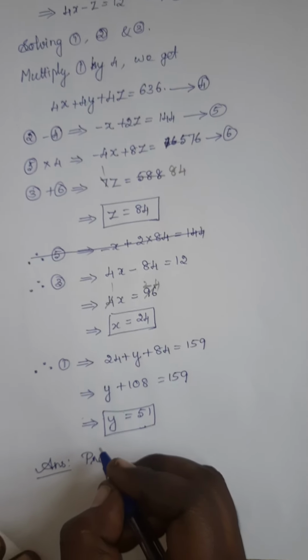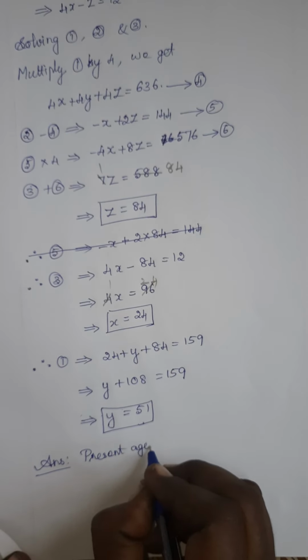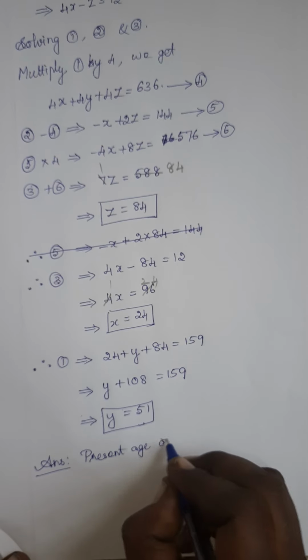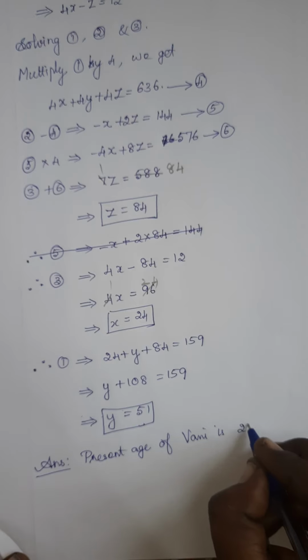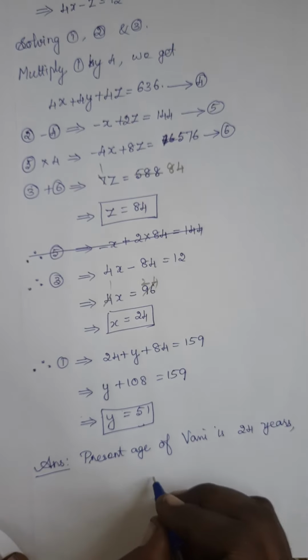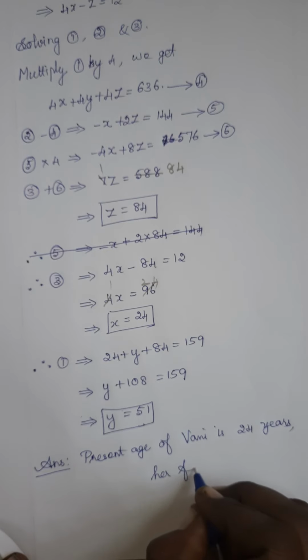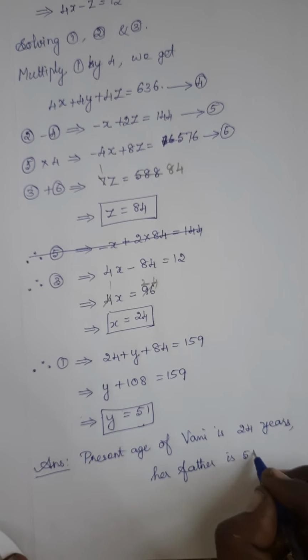Present ages of Vani is x value, 24 years. Her father is y value, 51 years.